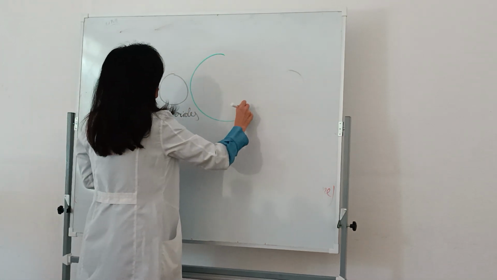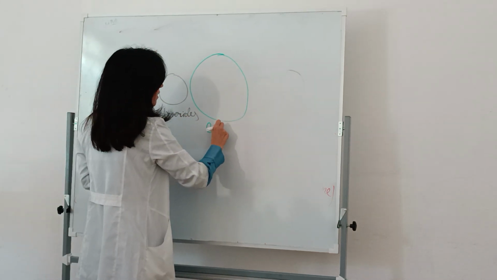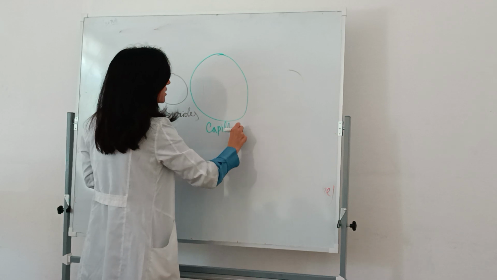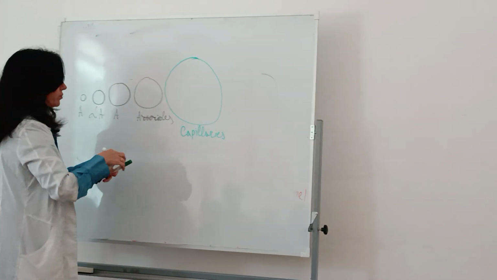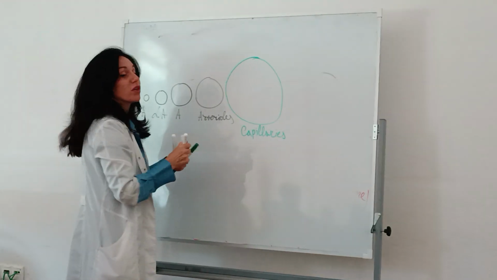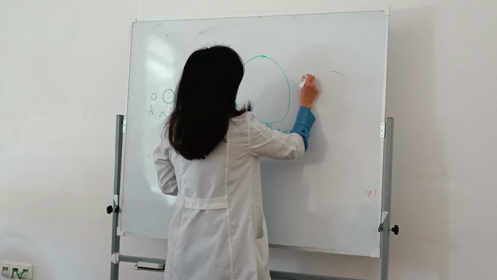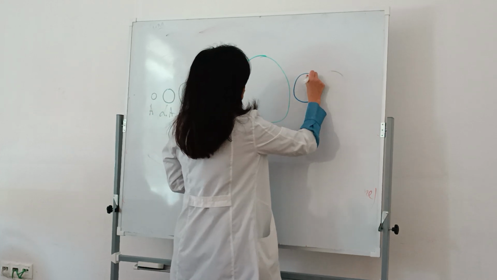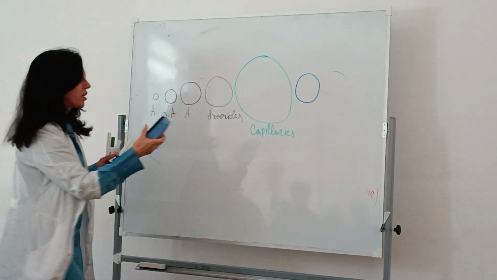A lot of them, the biggest total cross-sectional area. Next, venules, the smallest veins, a little smaller than arterioles.